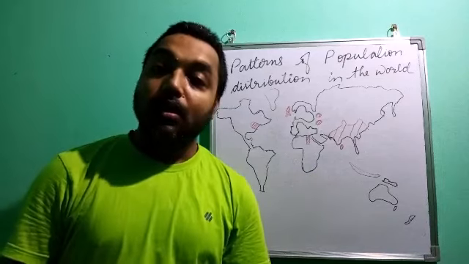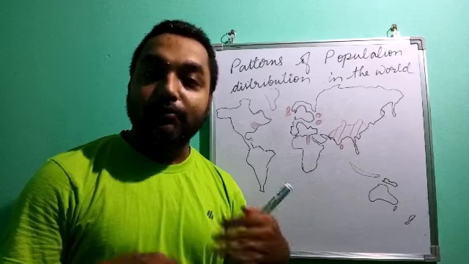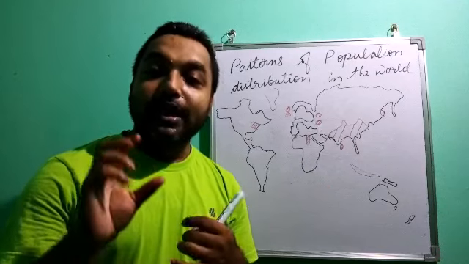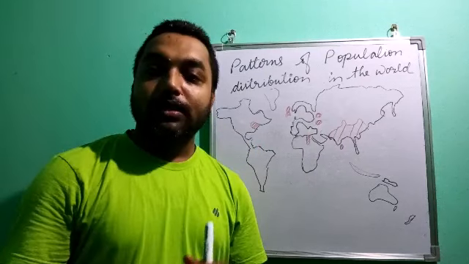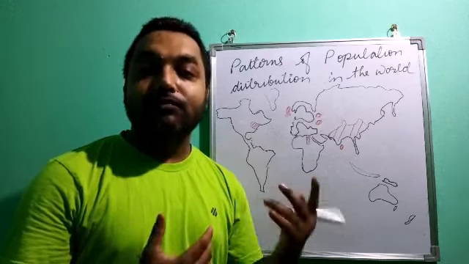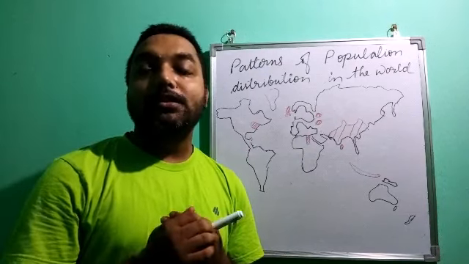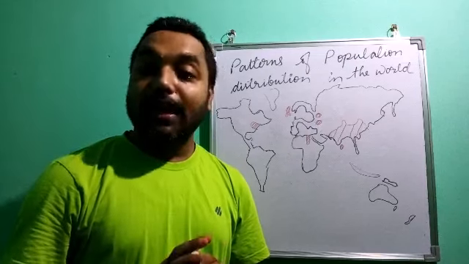Here it is said that about 90% of the world population, I want to repeat, about 90% of the world population lives in only 10% of the land area of the world, and the remaining 10% live in the other 90% of the land area.